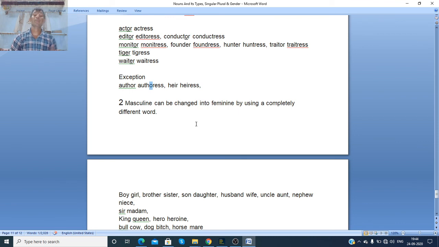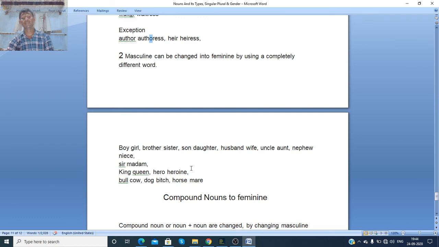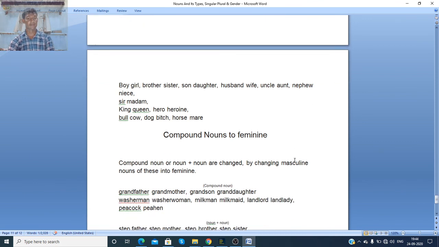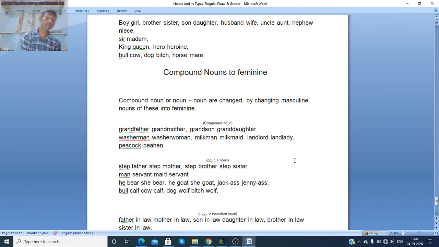And some masculine nouns can be changed into feminine by using completely different words, like boy, girl, brother, sister, son, daughter, husband, wife, uncle, aunt, nephew, niece, sir, madam, king, queen, hero, heroine, bull, cow, dog, bitch, horse, mare. And as I have already mentioned, compound nouns, or noun plus noun, are made of two words.